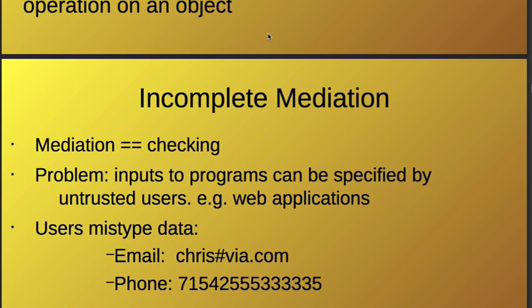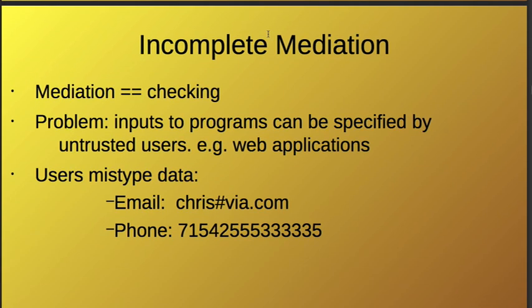That happens a lot. So for example, you might have inputs to programs that can be specified by, let's say, untrusted users, for example, using a web app. So a web app might have various text fields where you can enter stuff, and users can mistype or enter the wrong data, probably unintentionally.